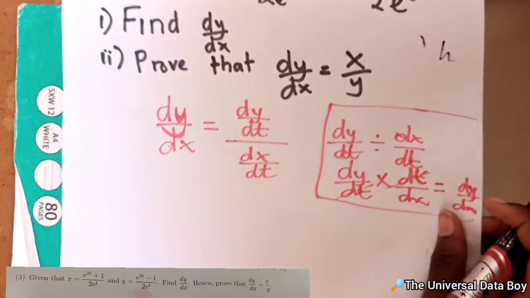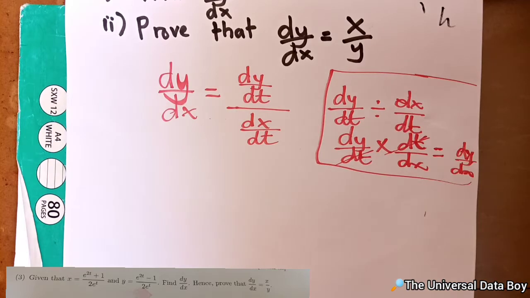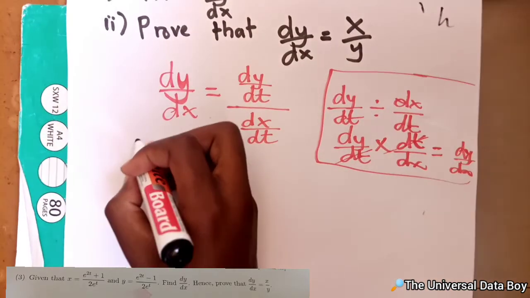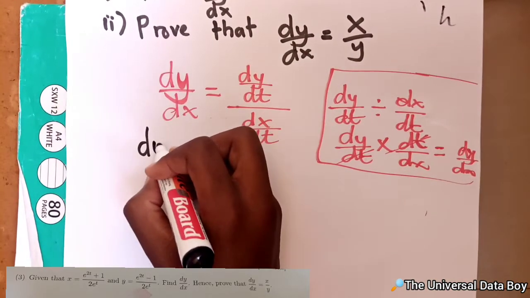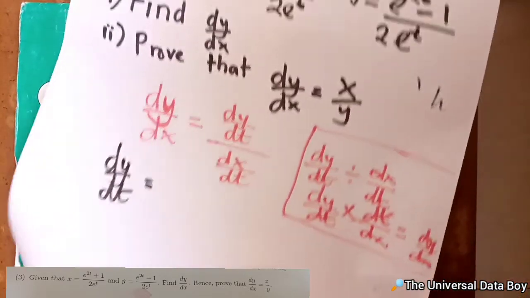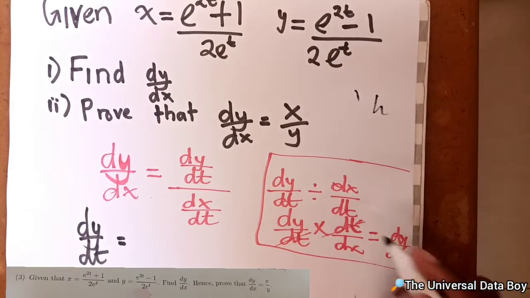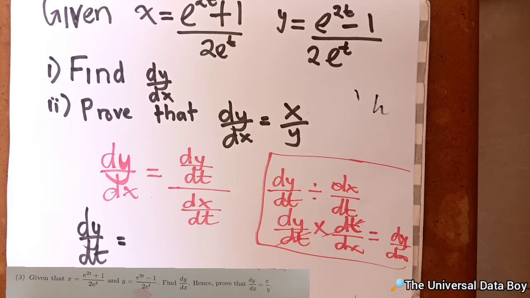So now we can start by finding dy by dt, rather. So we begin. dy by dt is equal to, so now here is our y. We can use any method that would work, but for this one I would suggest we use the quotient rule.